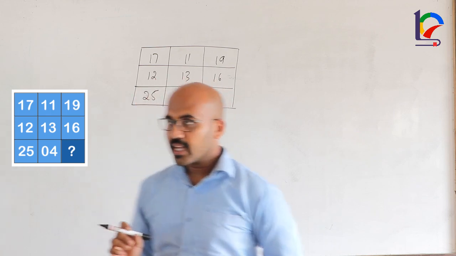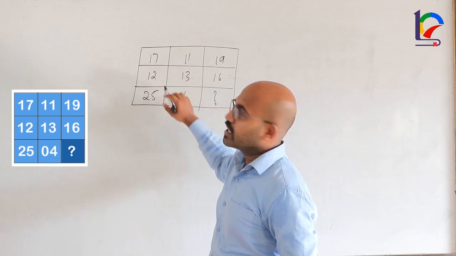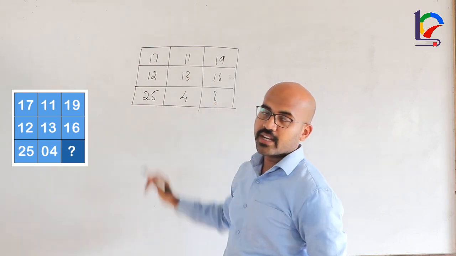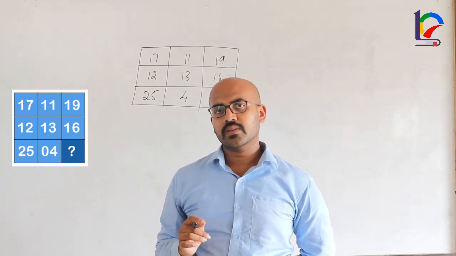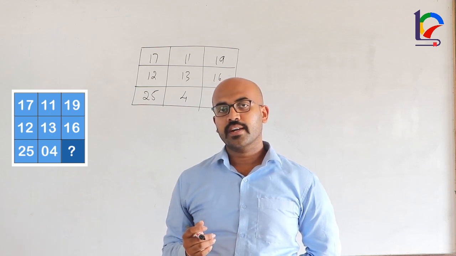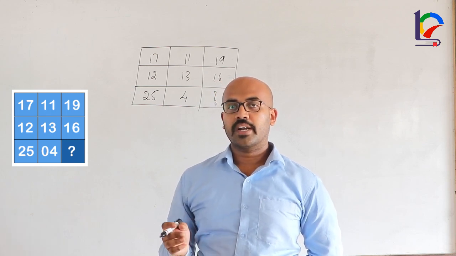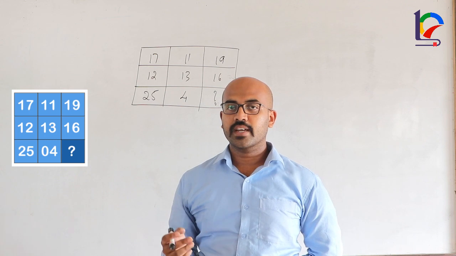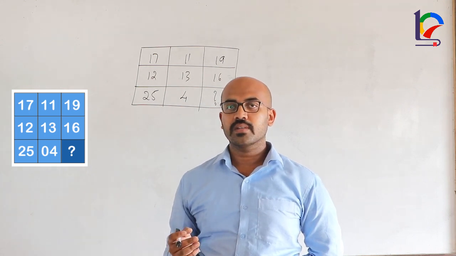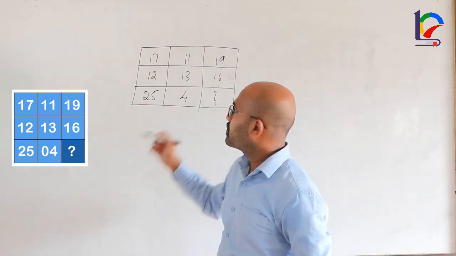As you can see here, it consists of 9 squares. There might be some problems where it might be 60, or 25, or even 12.